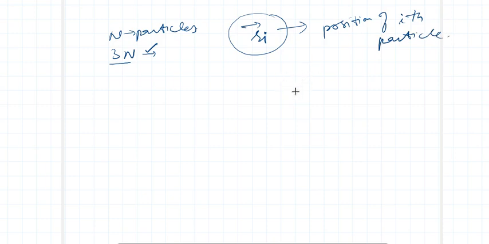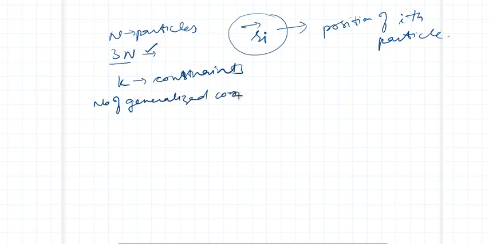So if there are k constraints, then how many generalized coordinates are there? The number of generalized coordinates is 3n minus k, and let me call it n.